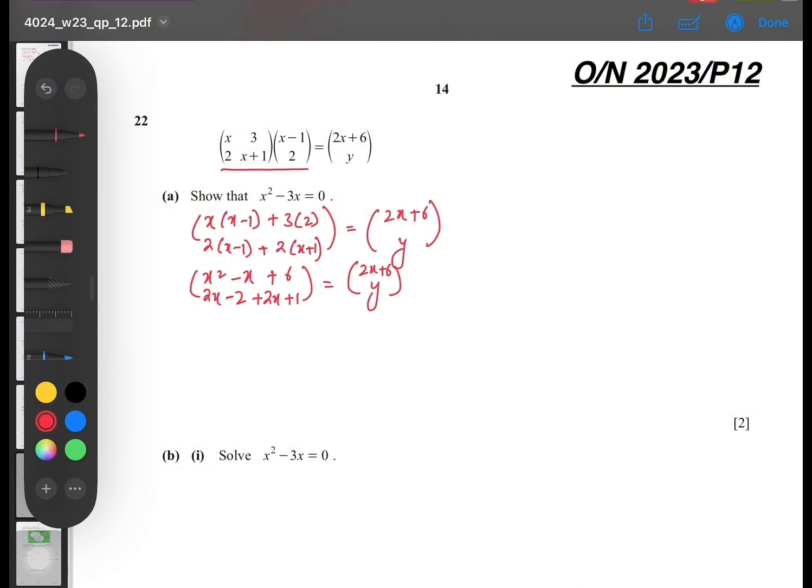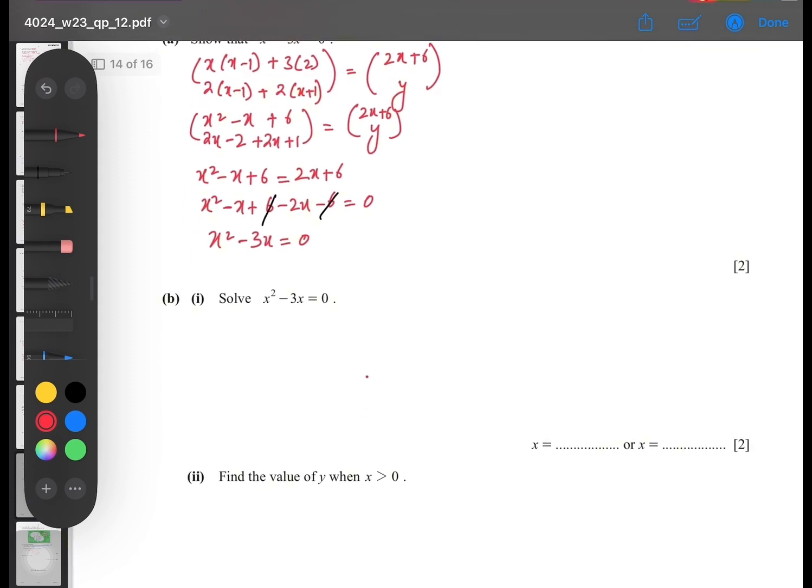If I equate the first entry, it will be x squared minus x plus 6 is equal to 2x plus 6. I will shift all the terms to the left-hand side, so it will be x squared minus x plus 6 minus 2x minus 6 is equal to 0. So minus 6 and plus 6 will cancel out, and after solving I get x squared minus 3x is equal to 0. So it proves.